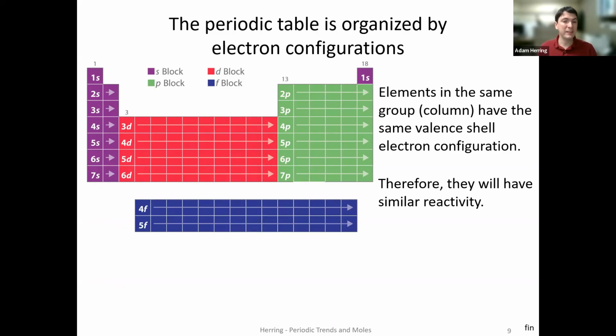So they're going to have very similar reactivity. They'll behave in similar ways. However, elements that are larger, but within the same group, tend to be more reactive. The reason for that is because the electrons are held less tightly in the larger atoms, and therefore they are easier to remove.